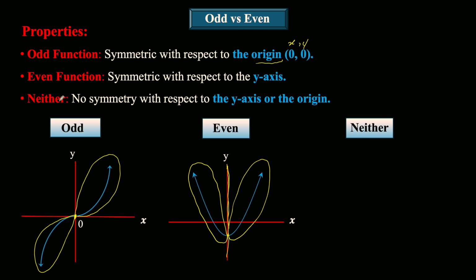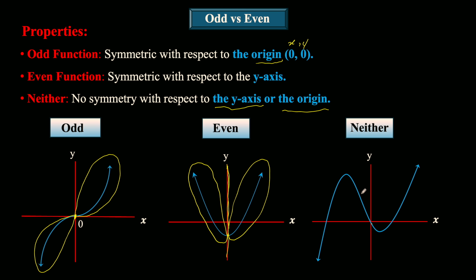Third case is neither. Neither means it is not odd nor even, okay? So no symmetry with respect to the y-axis or the origin, meaning this graph is not odd nor even. Why? First we check, is it even?